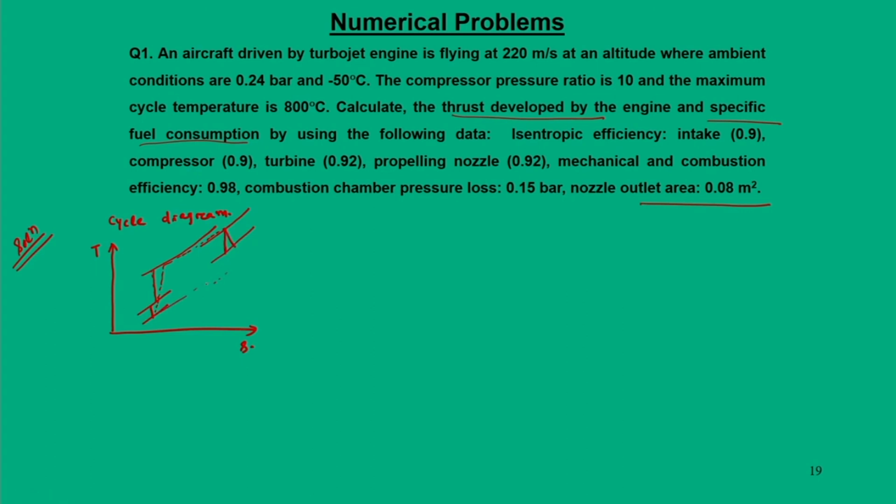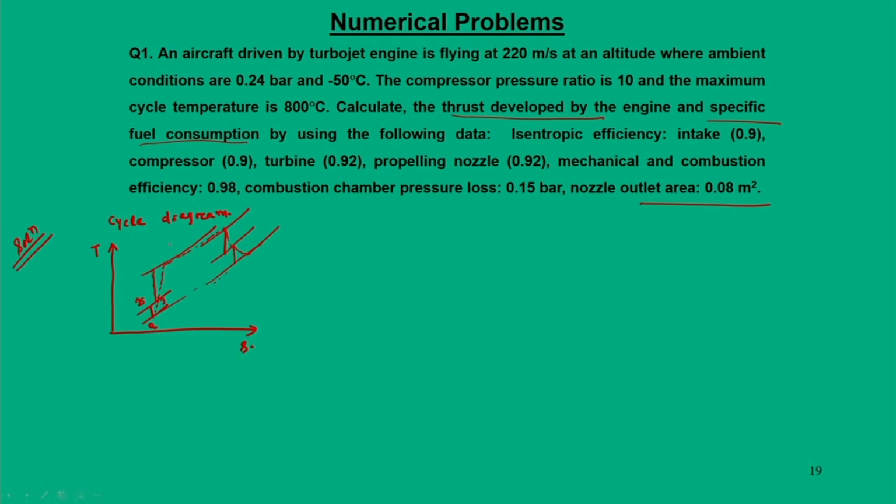So this straight line will be the isentropic process, the dotted line will be the actual process. So, if I know this location, I can put this number as A, 1S, 1.